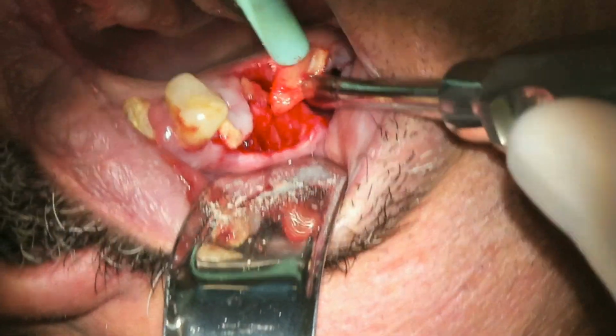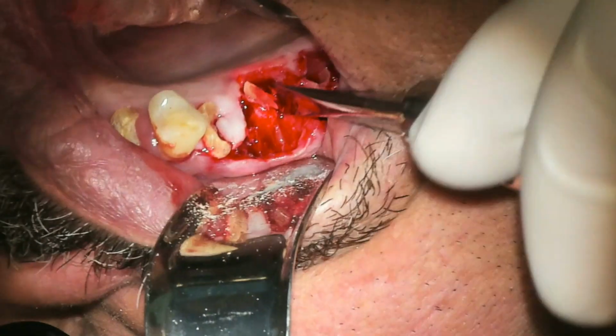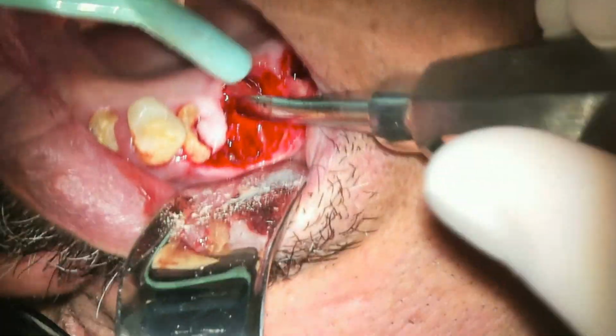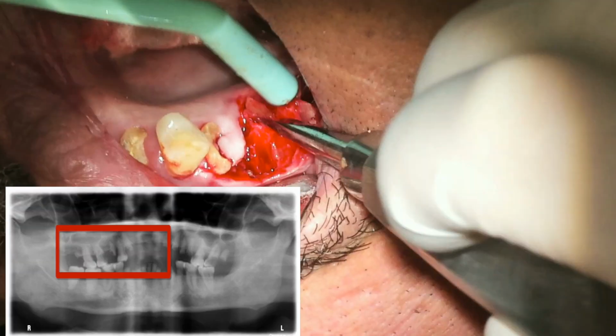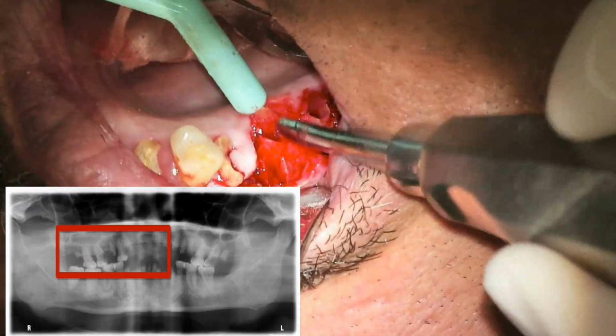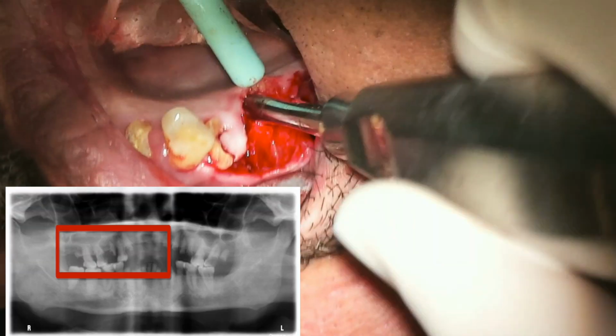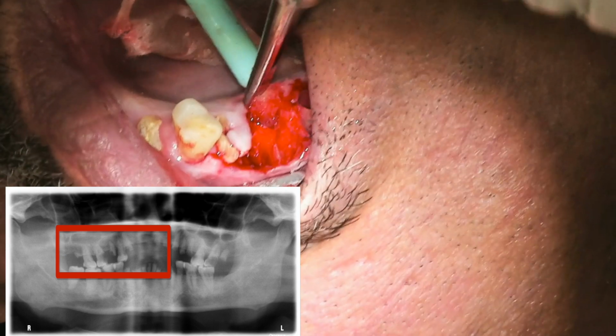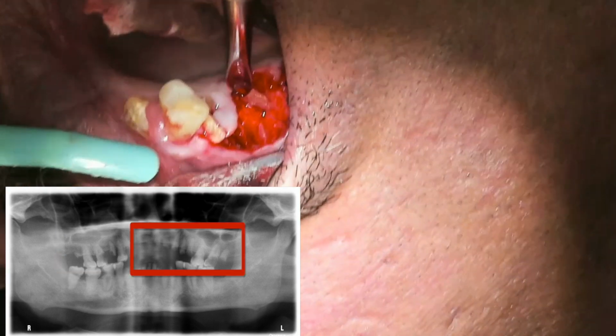Overall, how I managed to get this done in one sitting is I went ahead and got the upper right numb, and as I was finishing up with the upper right quadrant, I started getting the upper left numb.